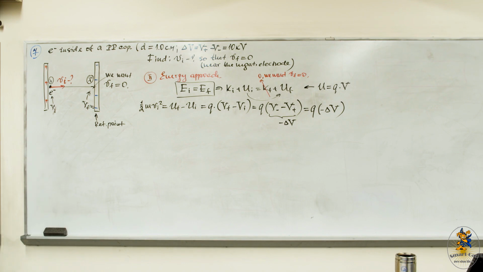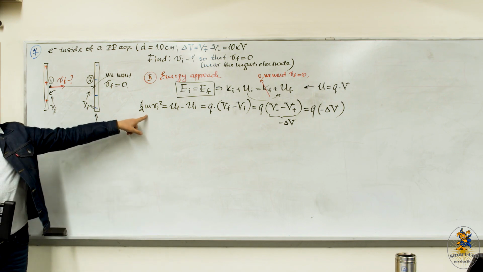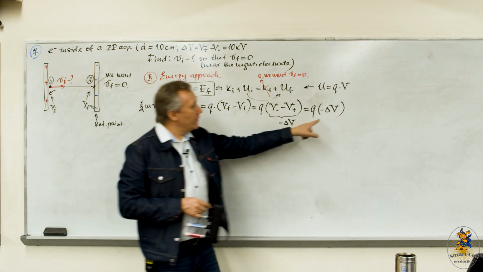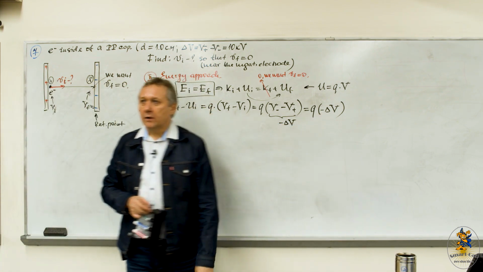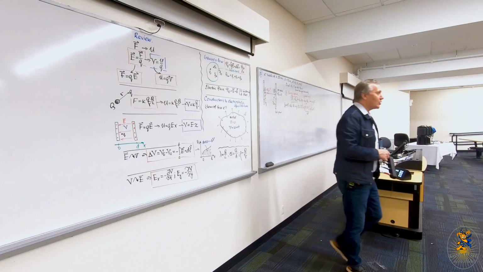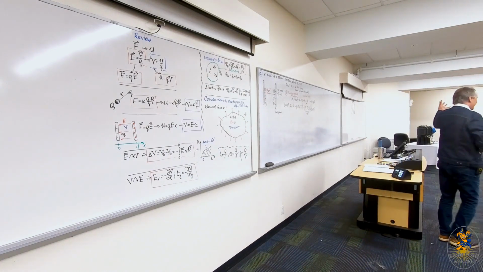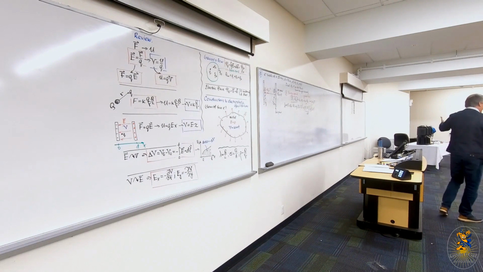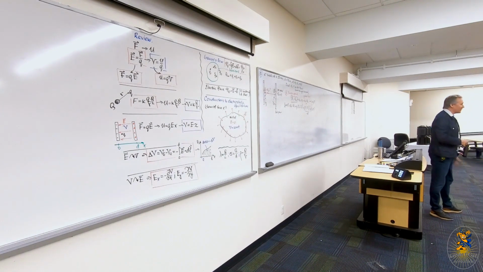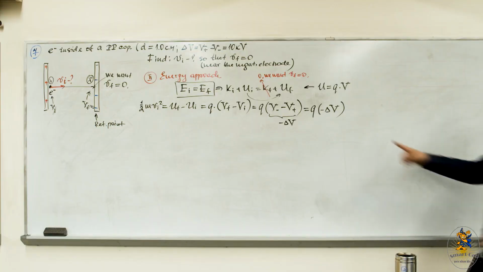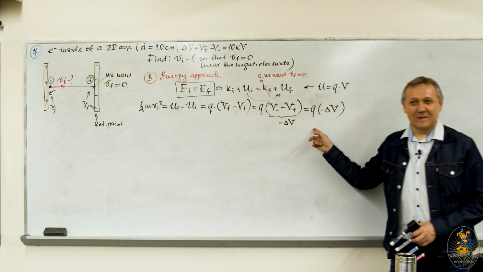Now immediately the question: on this side we have kinetic energy, and on this side we have minus Q delta V. Are we getting negative kinetic energy? Kinetic energy cannot be negative. It's either 0 or a positive value. Are we getting a negative value or not?